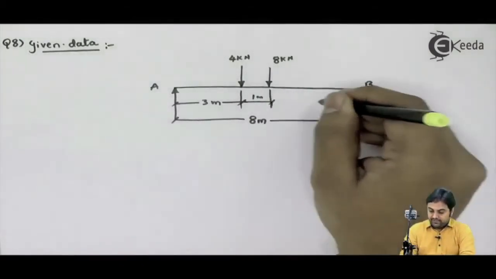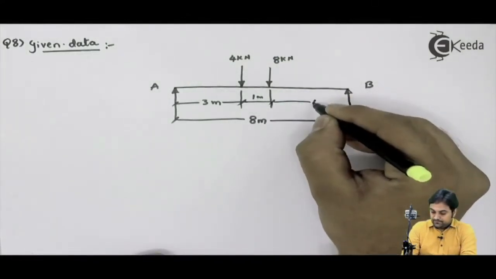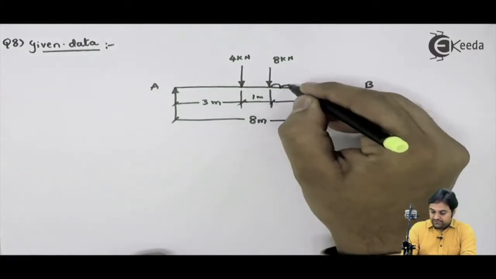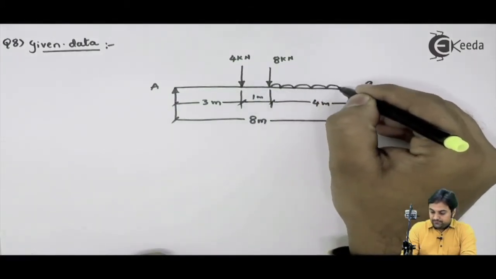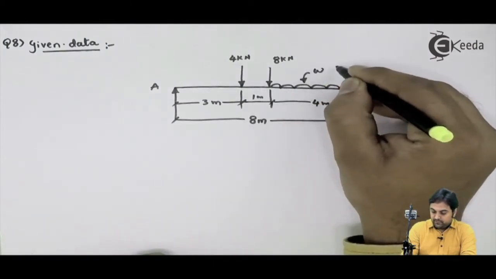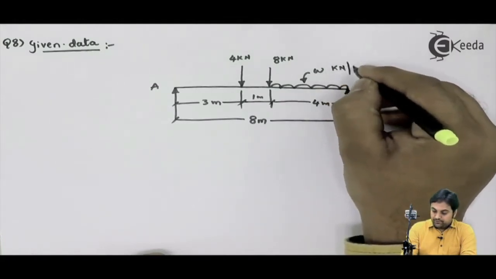Means for the remaining 4 meter distance, there is a uniformly distributed load whose value is given in terms of W. It is W kilonewton per meter.